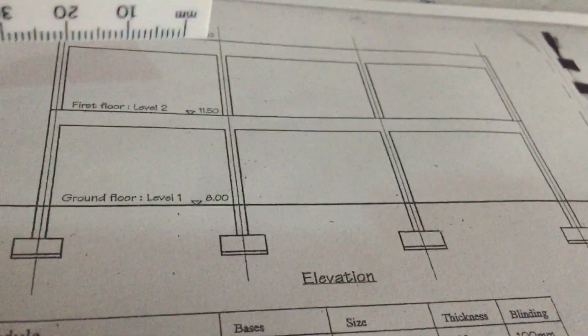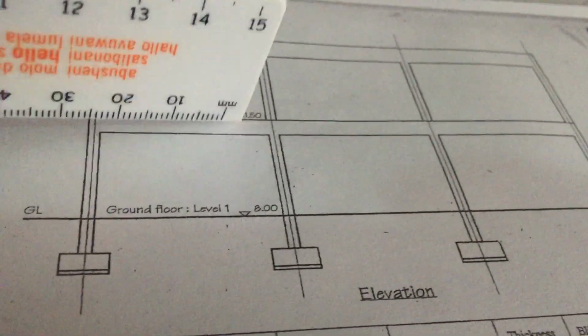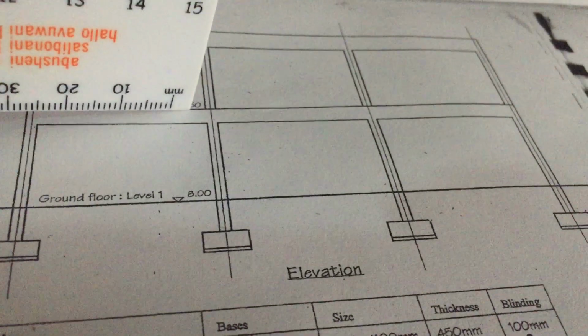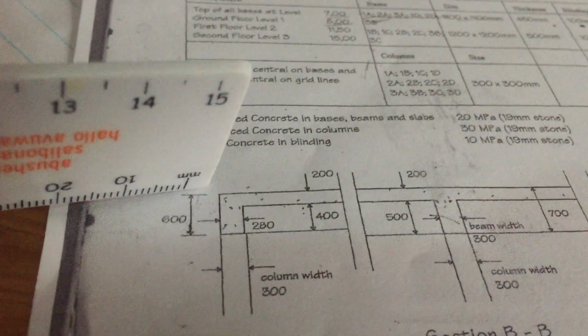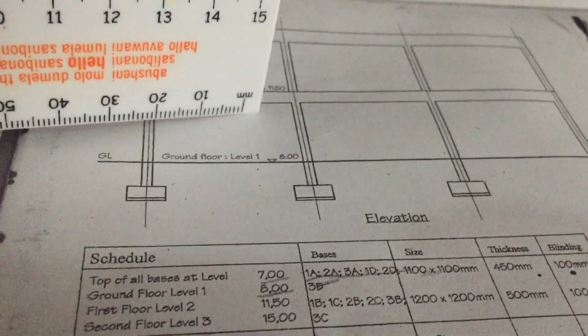But for you to get this only, you need to subtract the height of the round beam, which is 600. I'm getting that from the section, which shows it is 600, right? So we subtract that 600.